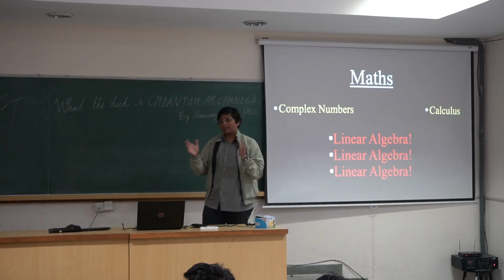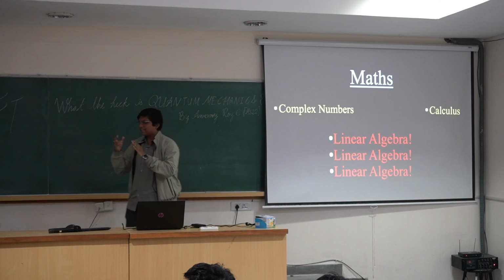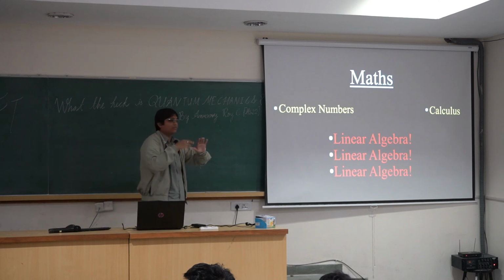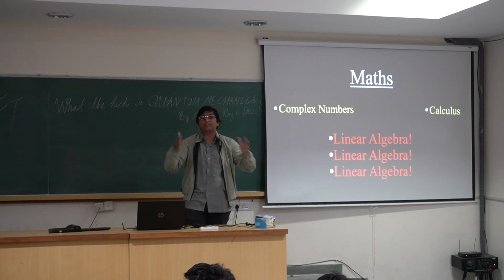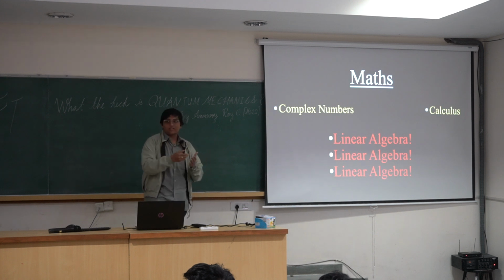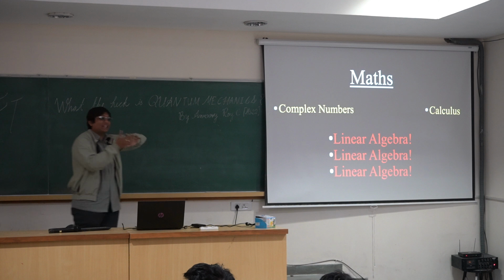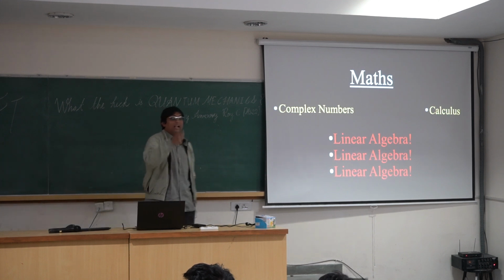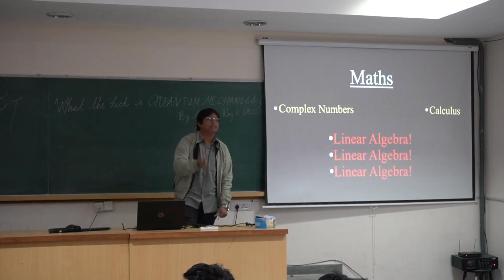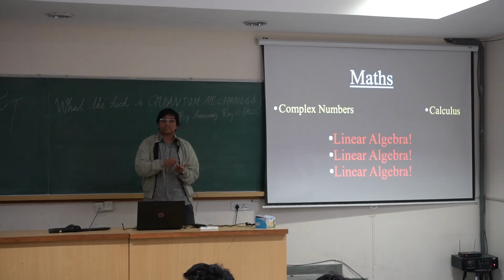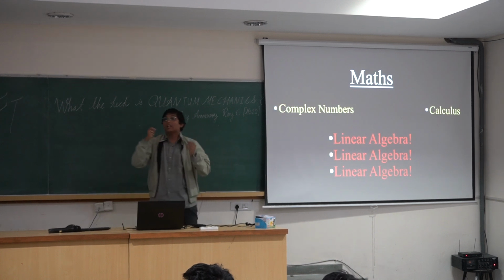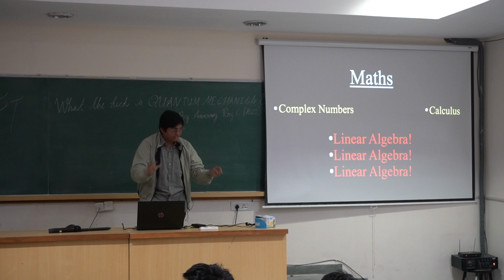When quantum mechanics was developed, there were only some experimental results and they were not fitting any existing theory. So the physicists and mathematicians had to incorporate it into some existing mathematical structure. And that structure was linear algebra. So you need to understand linear algebra and its visual representations.